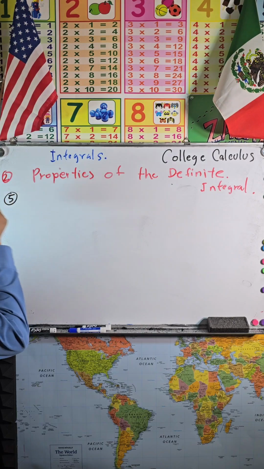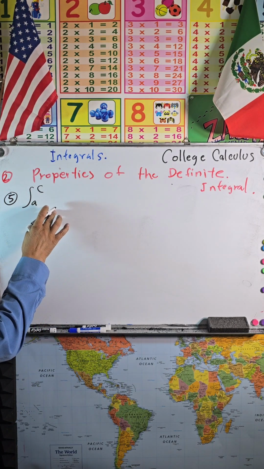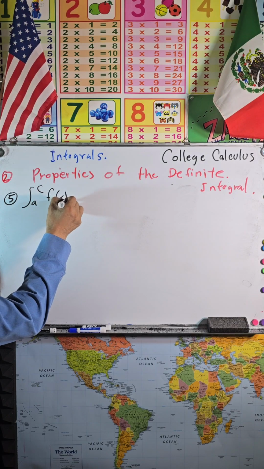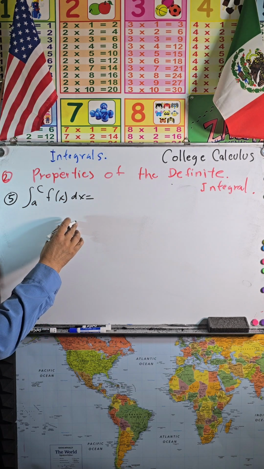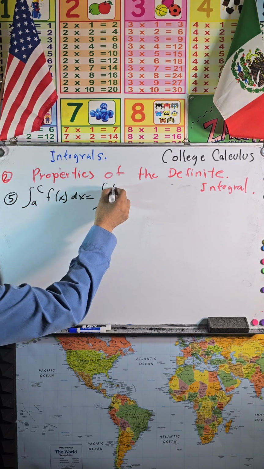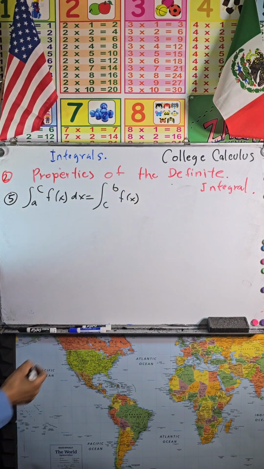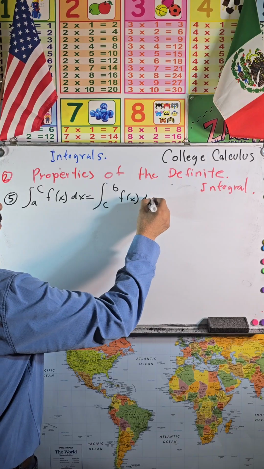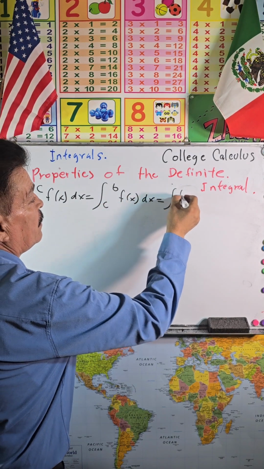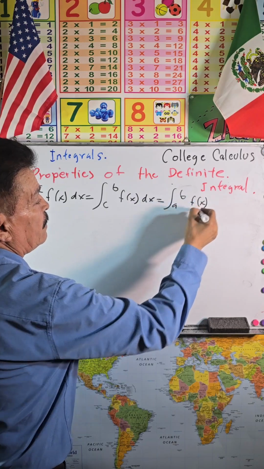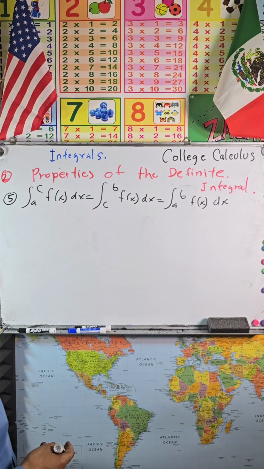Rule number 5 is like this: the integral from a to c of f of x differential of x equals the integral from a to b of f of x differential of x plus the integral from b to c of f of x differential of x.